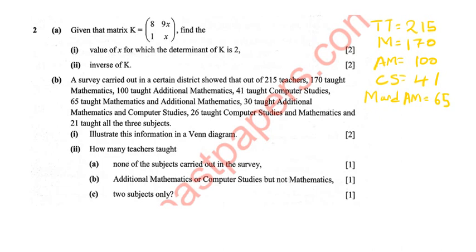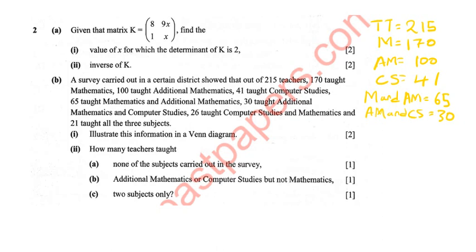And then they have said 30 taught additional mathematics and computer science. So you say additional mathematics and computer science. There were how many? 30. And you proceed, 26 taught computer studies and mathematics, like that.